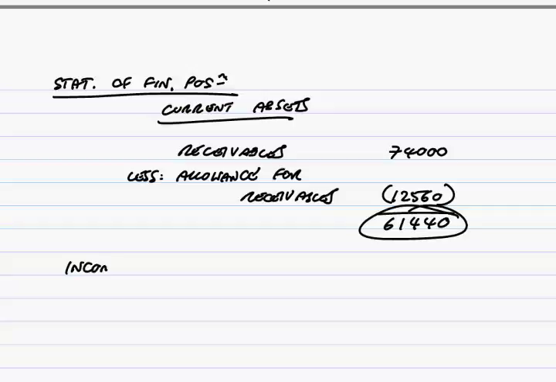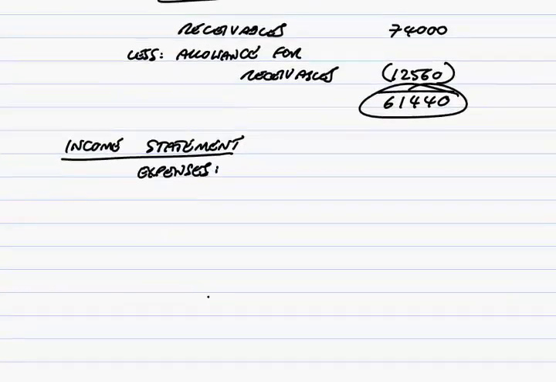On the income statement, under the heading expenses, we'll have all our normal ones: telephone, electricity, depreciation, but we'll have irrecoverable and doubtful debts expense.